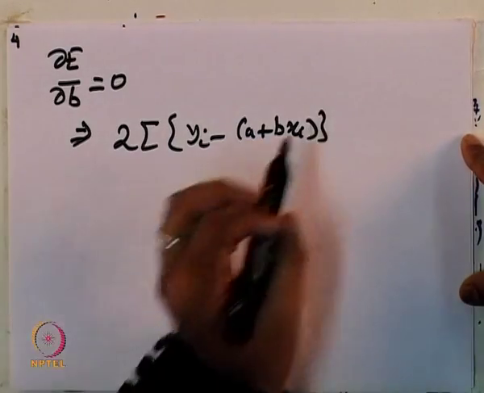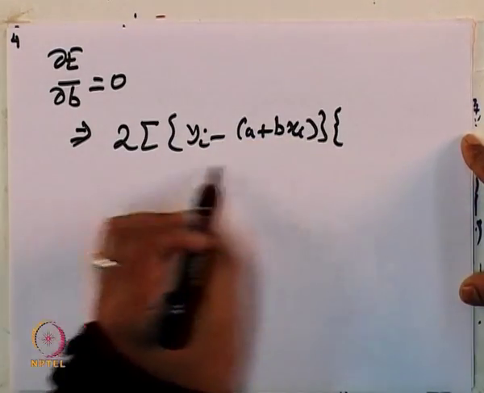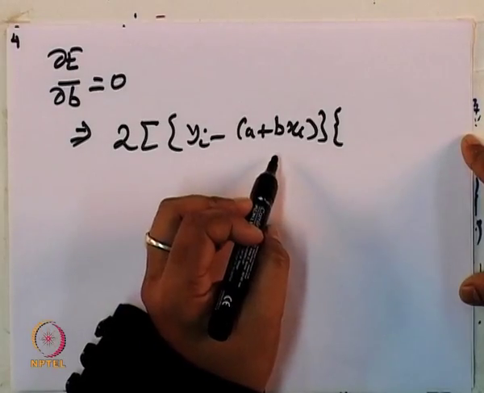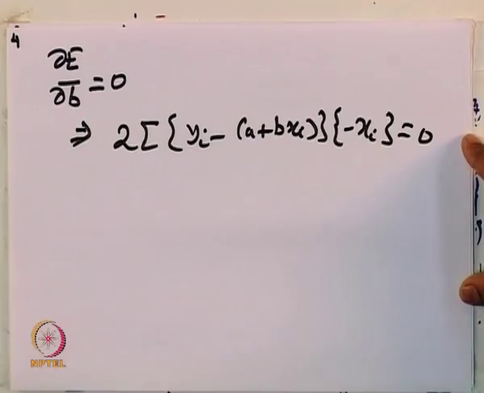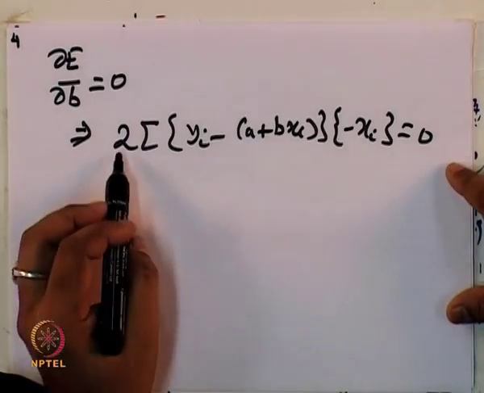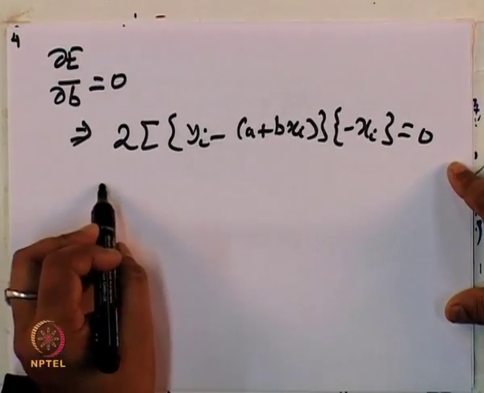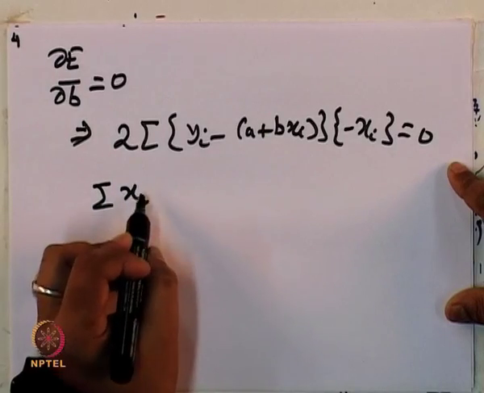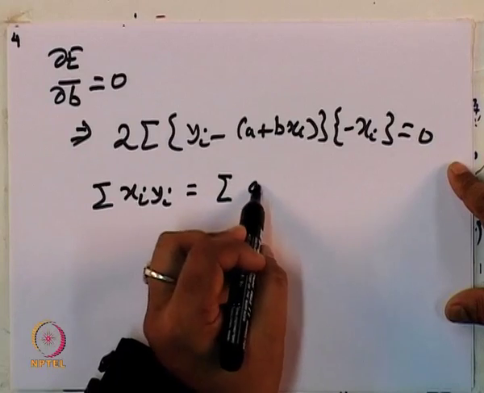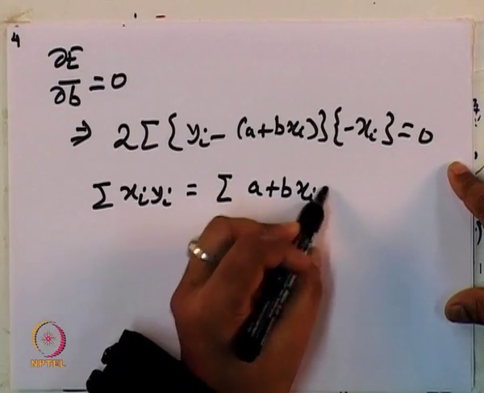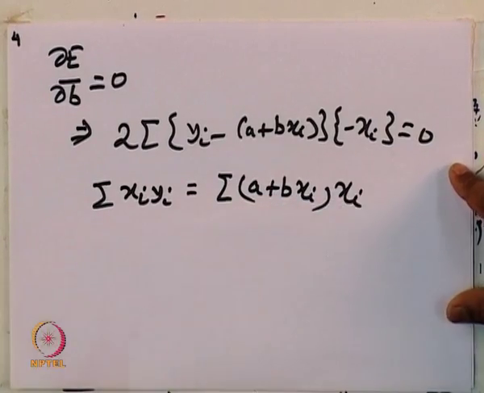The only thing is now I have to multiply with this, taken a derivative of this with respect to B, which is nothing but minus xi. Okay. So, I can simplify it, I can get rid of 2 and minus. So, I can write it as summation xi yi is equal to summation of a plus b xi into xi.